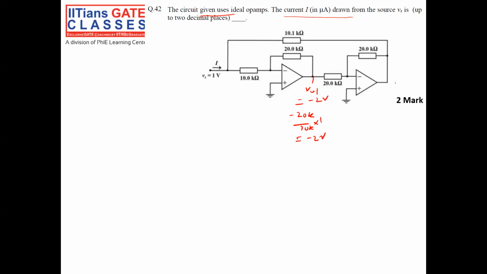Again here, V0 is equal to minus R2 by R1, which is minus 1, into the input V01. V01 is minus 2 volt, so V0 is equal to 2 volt here.